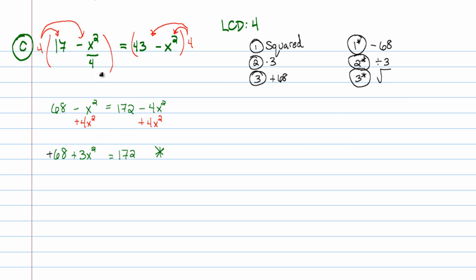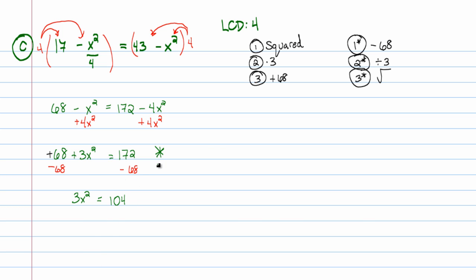Let's do it. Subtract 68 from both sides. Oops, I incorrectly wrote that. When you subtract 68 from both sides, the left-hand side becomes 3x squared. The right-hand side, let's see, 172 minus 68 is 104.